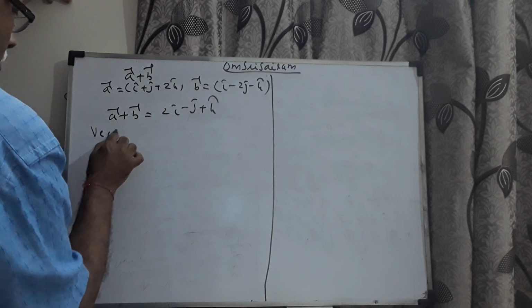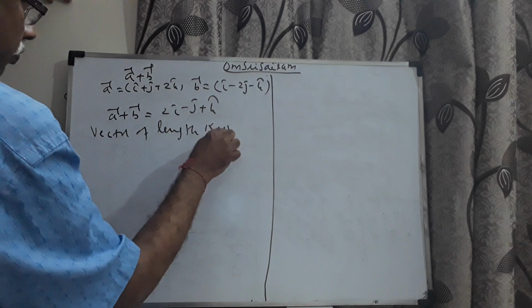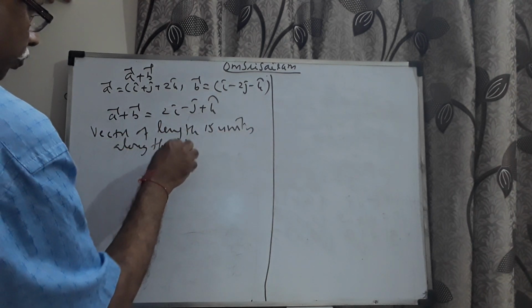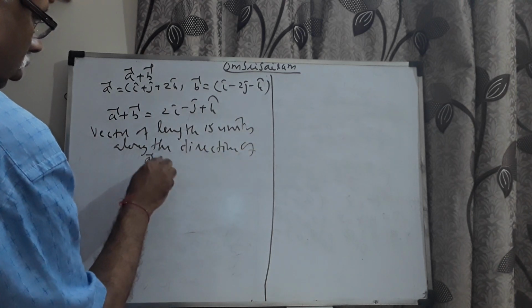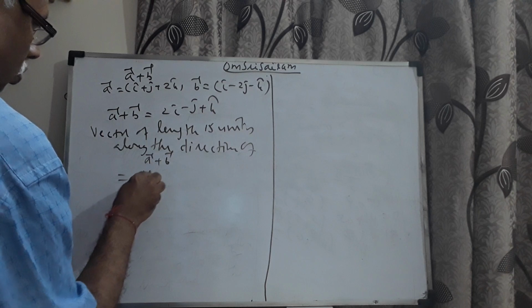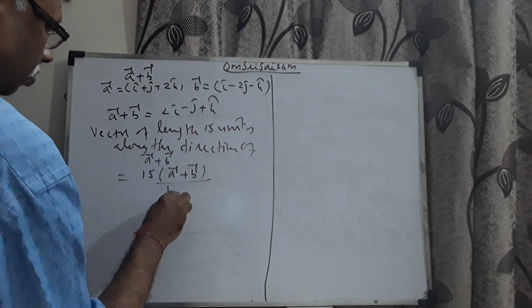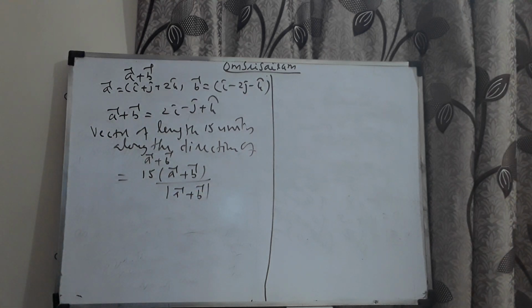Now the vector of length 15 units along the direction of A plus B will be equal to 15 times A plus B divided by mod A plus B. It's nothing but a similar problem you might have done in lower classes.